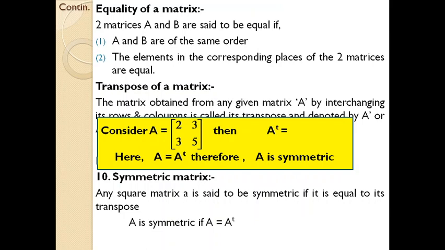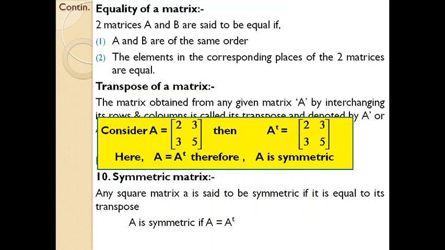So if you take the transpose of matrix A, then the transpose of this first matrix remains the same as the first matrix. See, here the first matrix is 2, 3, 3, 5. And its transpose looks the same, same order. Rows and columns are the same, and even the elements within the matrix are the same, even after interchanging the rows and columns.